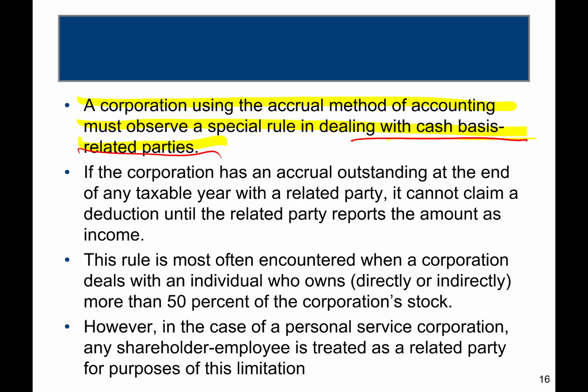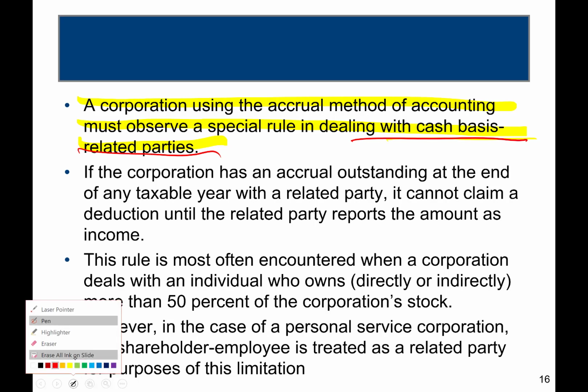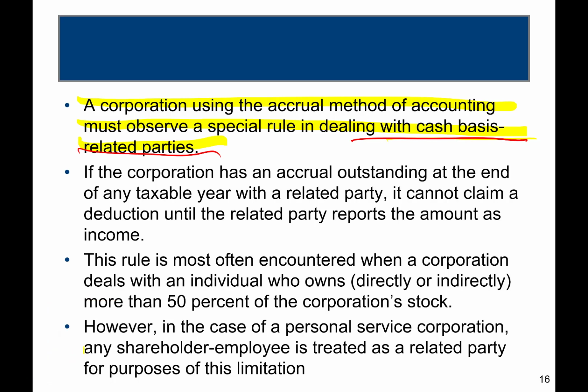So they look at related parties, and we say that if a corporation has an accrual outstanding at the end of the taxable year with the related parties, so what does that mean? They are going to go ahead and debit the expense and credit a payable at the end of the year, right?